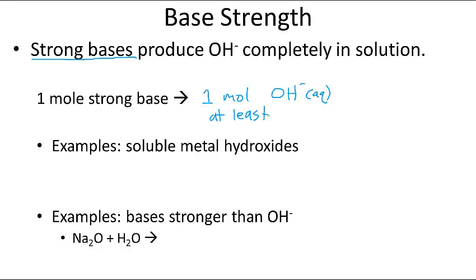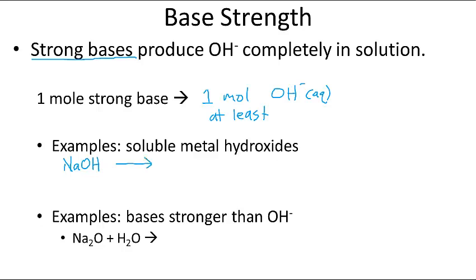So the question is, why did I write at least? And I'll explain when I get to the bottom of the page. So the vast majority of strong bases you're going to run into will be metal hydroxides. So can you give me an example of a metal hydroxide? Sodium hydroxide. So NaOH.